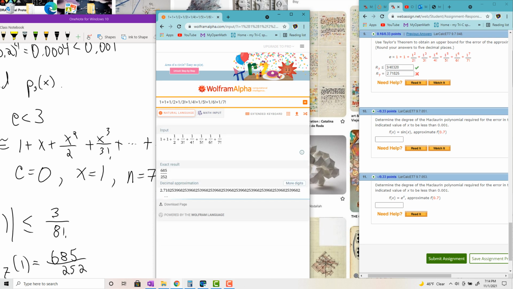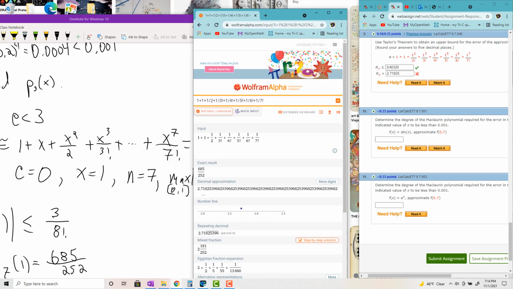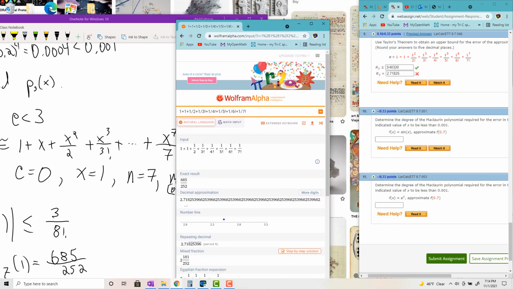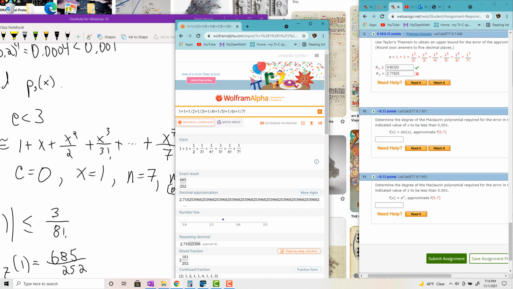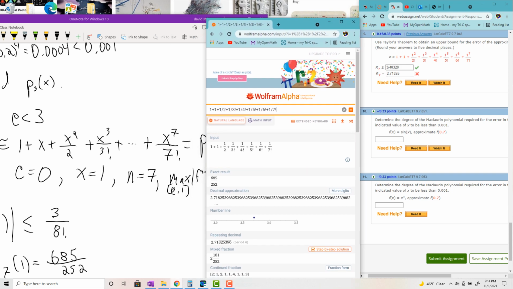R sub 7. Oh, what does R sub 7 actually equal? Oh, the remainder. So you've got to take the difference. I apologize. So that's e to the first power minus this thing. Okay, so, sorry.